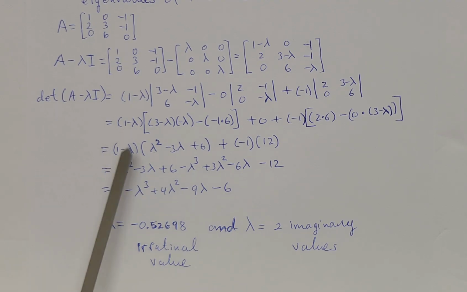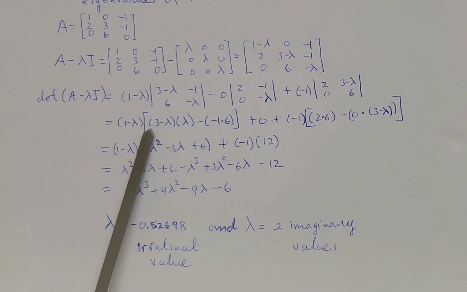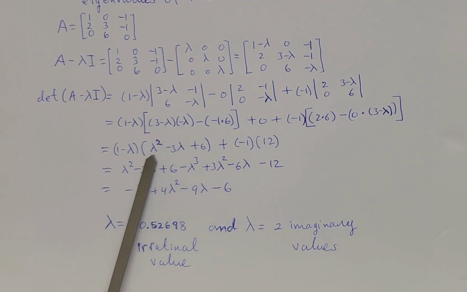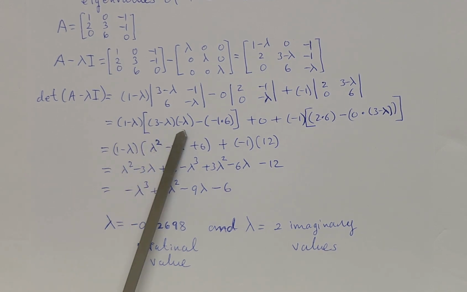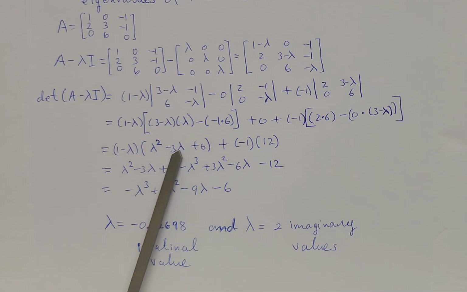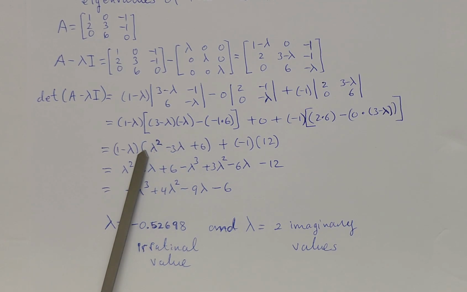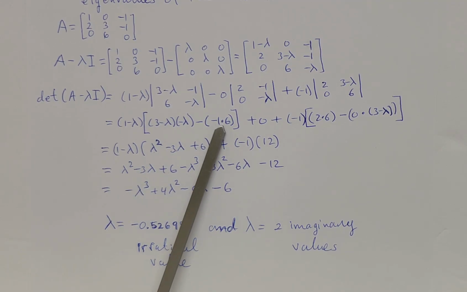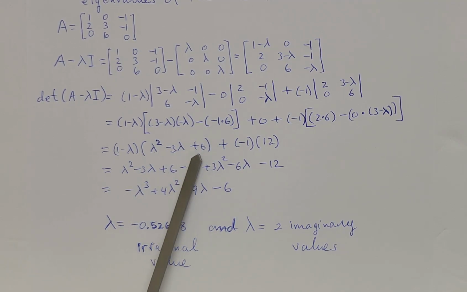So 3 times negative lambda is negative 3 lambda here. And then negative lambda times negative lambda will be positive lambda squared. And this gives me negative 6, another negative, positive 6.